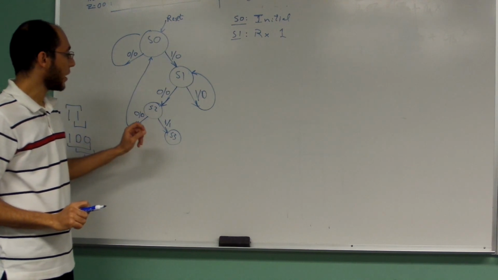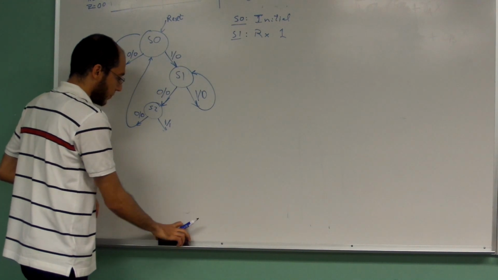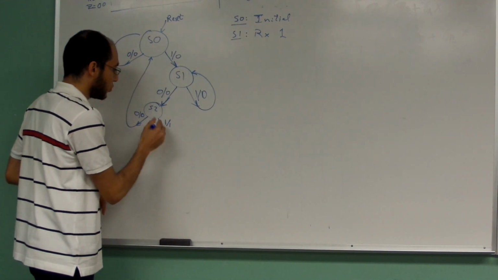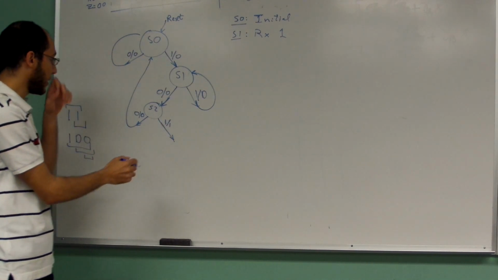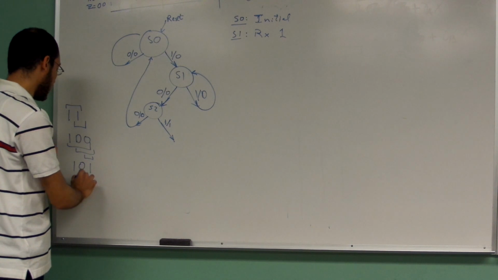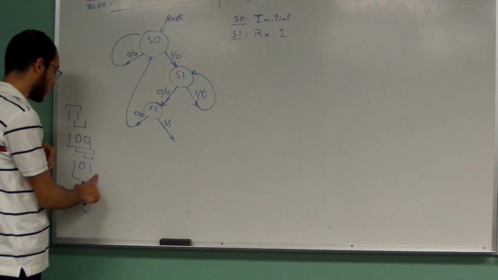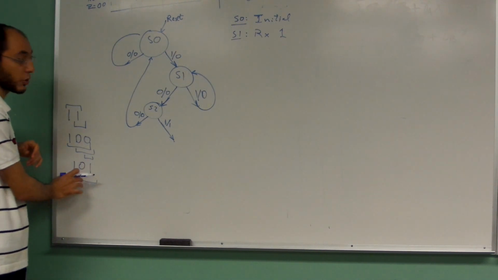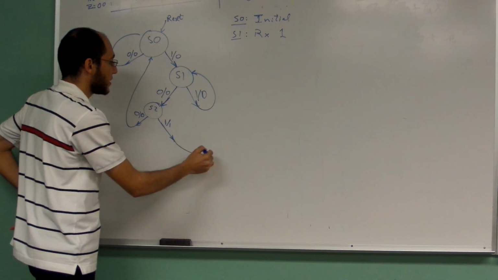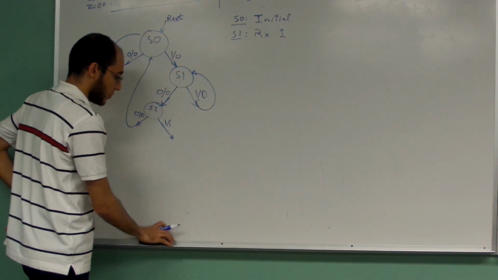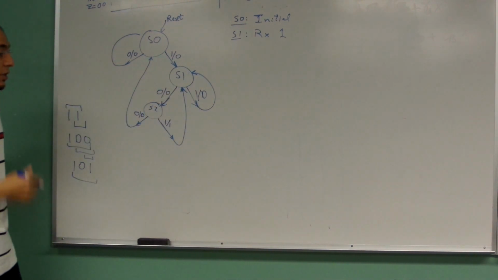So, let's have a look at 1, 0, 1. I'm going to tell you that state S2, when it receives the 1, I will output a 1, and so far I have 1, 0, 1. So 1, 0, 1 is a part of the sequence, and 0, 1 is not a part of the sequence, but the 1 itself is also a part of the sequence, in case some sequence that matches 1, 0, 1 comes in the future.